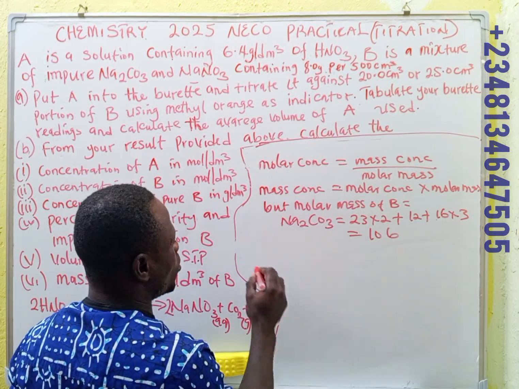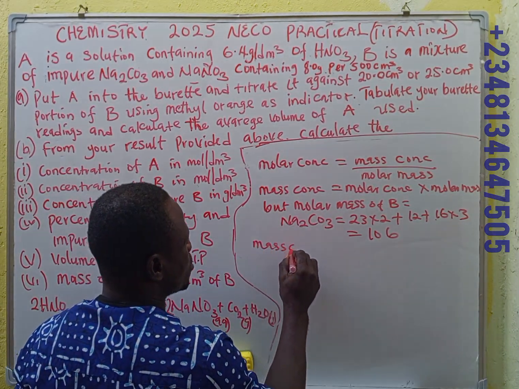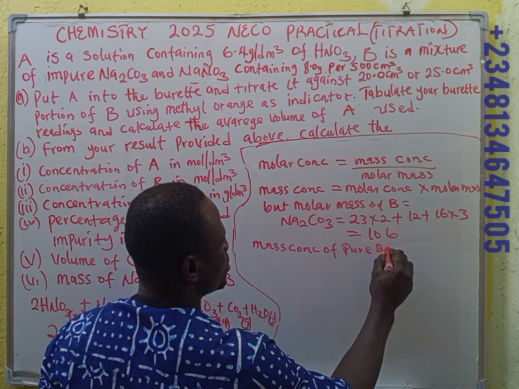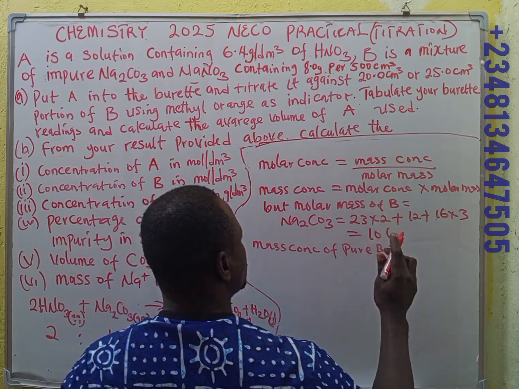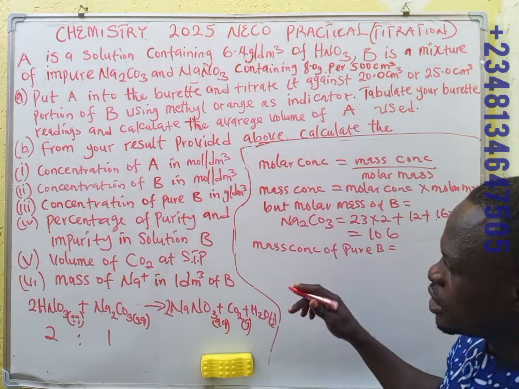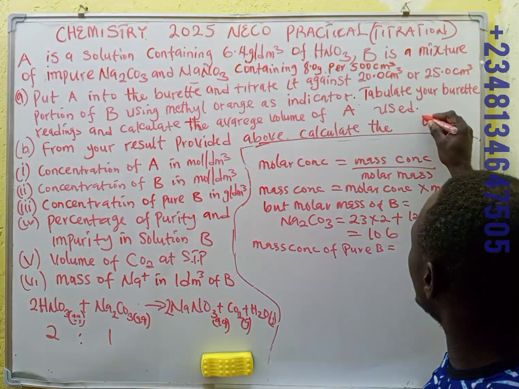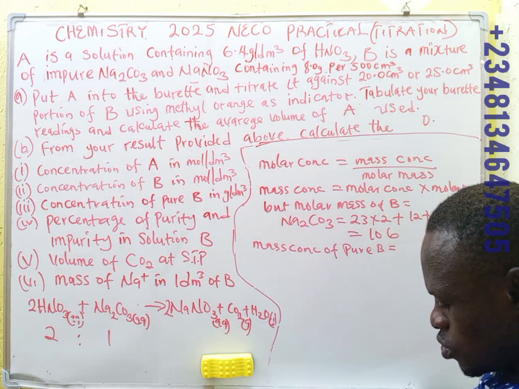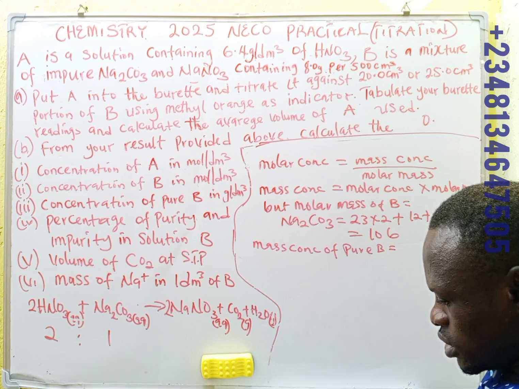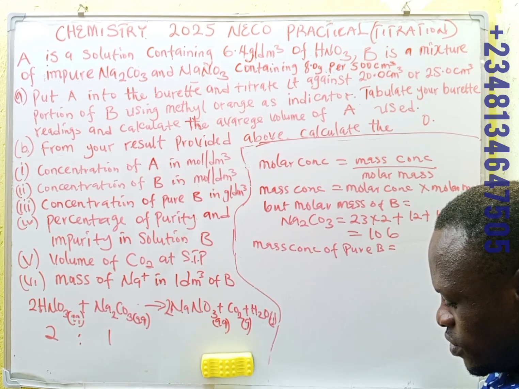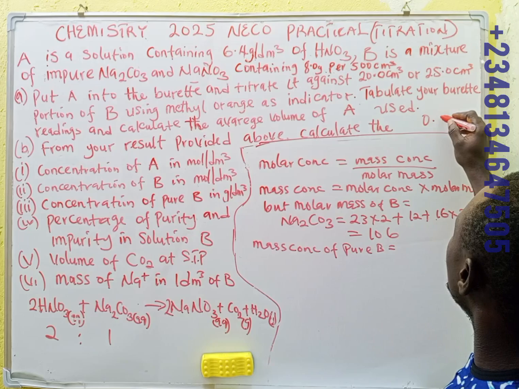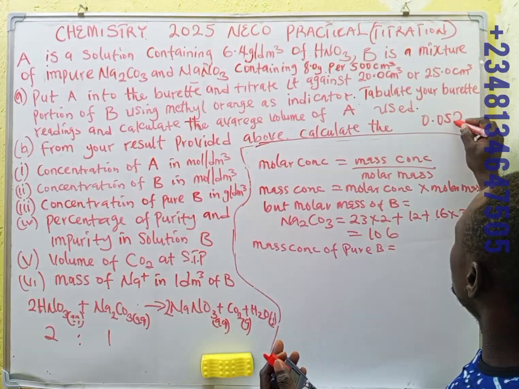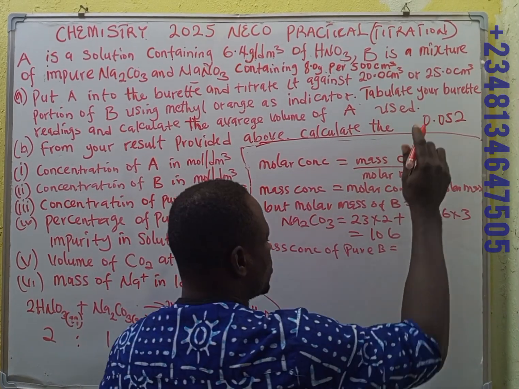So you proceed. Mass concentration of pure base is equal to the molar concentration of pure base. That molar concentration, the value was 0.26 divided by 50, which gives 0.052. So check that value.